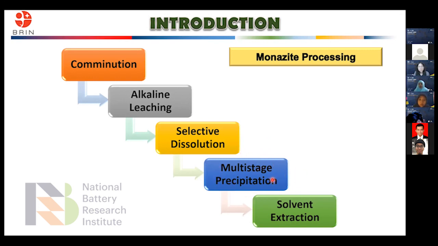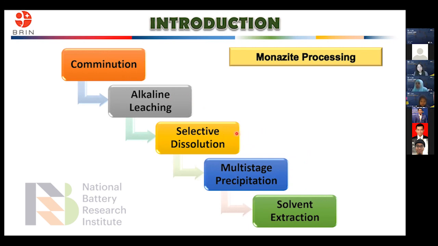By this multi-stage precipitation process, 85% of REE is recovered from monazite, and the uranium-thorium content in the REE hydroxide product is less than 50 ppm. From these processes, uranium and thorium are mostly concentrated in the residue of selective dissolution and had not been separated.